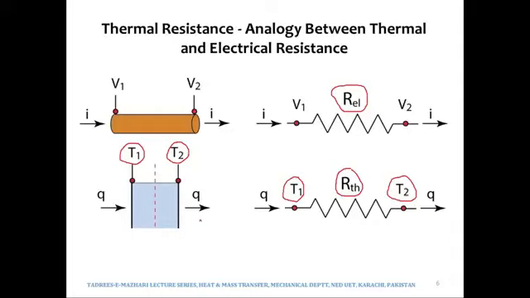So lower thermal conductivity materials will offer very high resistance to heat flow, and highly conductive materials will offer low resistance to heat flow. And this would be the direction of heat flow, means from higher temperature T1 to lower temperature T2. If T2 is greater than T1, then the direction of the heat flow will be reversed, from higher temperature to lower temperature.